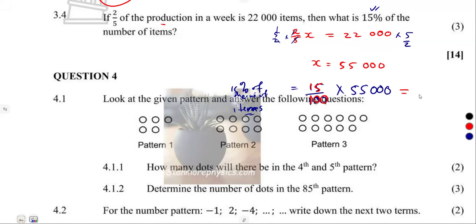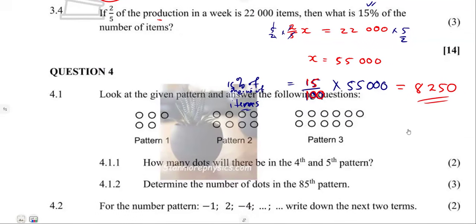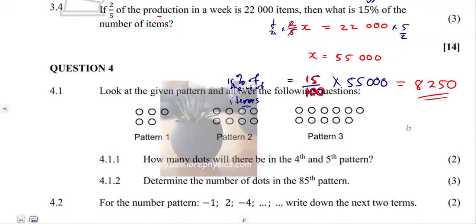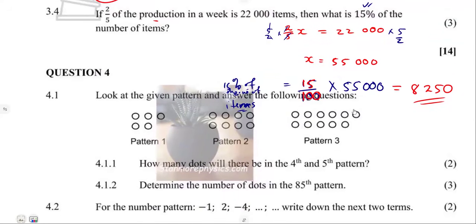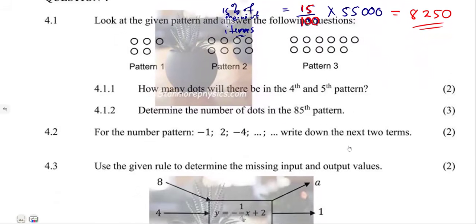That is going to give us 8,250. Just a normal question like that you can work out with any understanding. Just use any unknown value for what is unknown, the production, then multiply by 15% to obtain that, because they're asking 15% of that unknown.